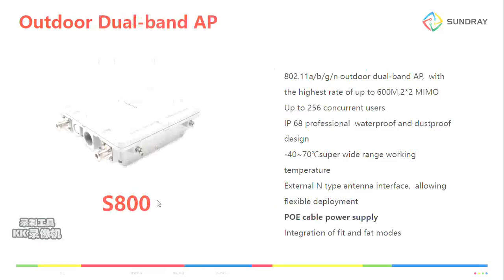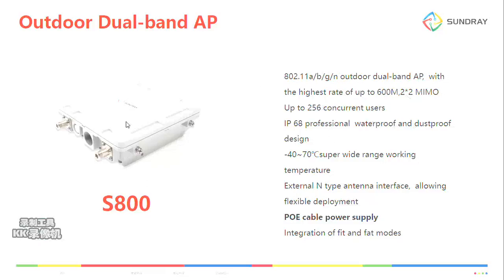Next is the S800. The S800 is an entry-level outdoor access point with the 802.11 b/g/n protocol. This is also 2 streams, but the maximum throughput is 600 megabit. This one is also IP68 certified. The parameters are similar to the S900.